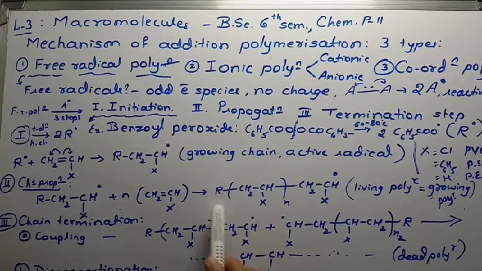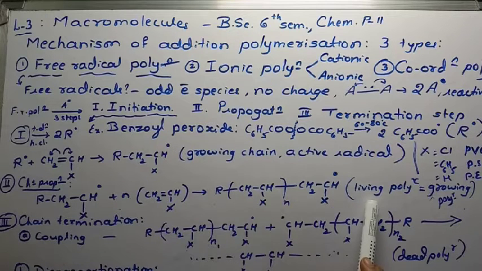So this is once again a free radical, but it is a macromolecule, a macro free radical, and still it is very active, and therefore it is said to be a living polymer. It will be ready to react with still many more monomers.